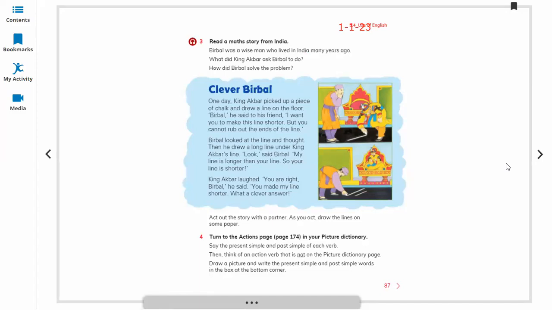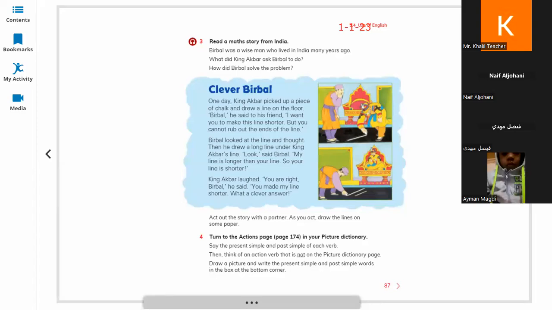One day King Akbar picked up a piece of chalk and drew a line on the floor. Birbal, he said to his friend, I want you to make this line shorter, but you cannot rub out the ends of the line. So he said, how can you make my line shorter without touching my line's end?